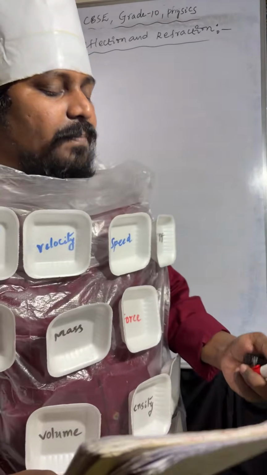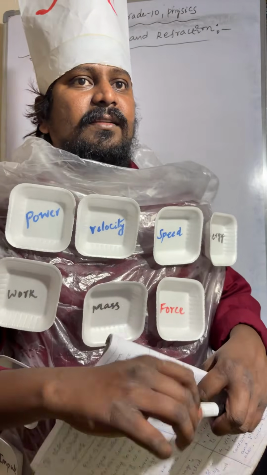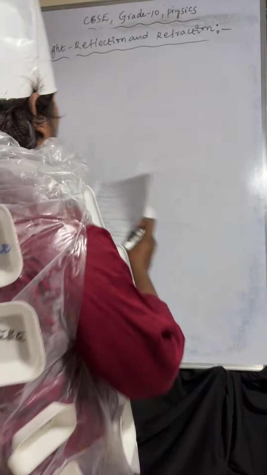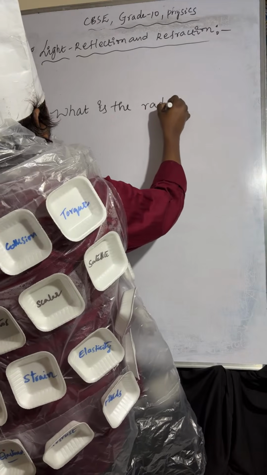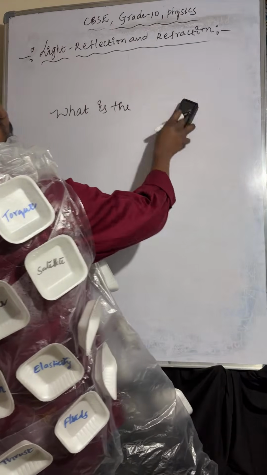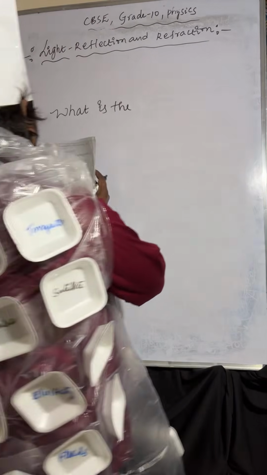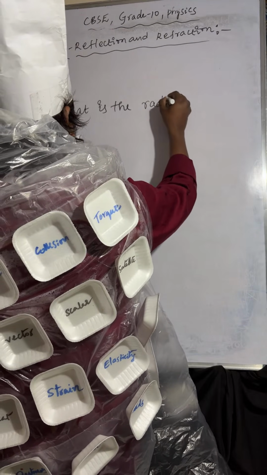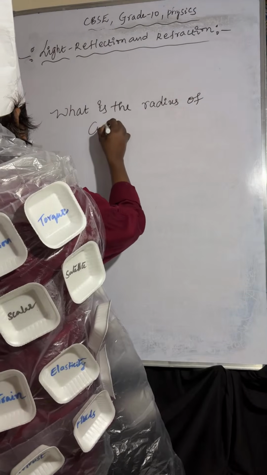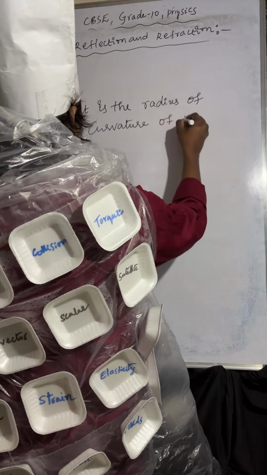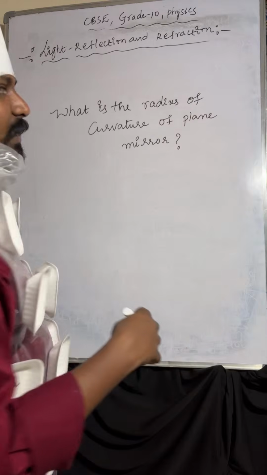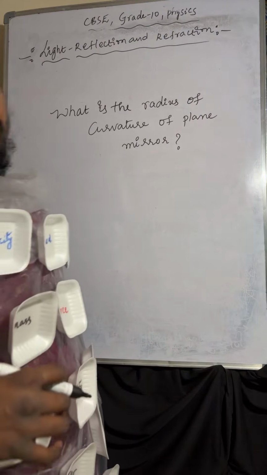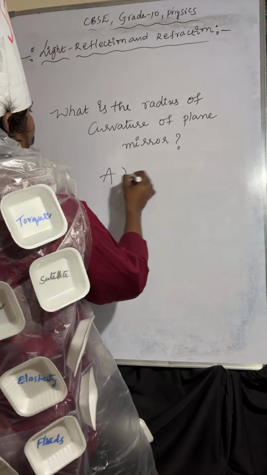what is the radius of curvature of plane mirror? Answer to this question. What is the radius of curvature of the plane mirror? Option A, 0.